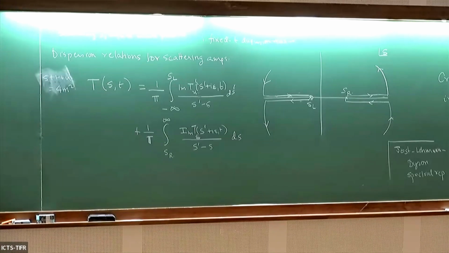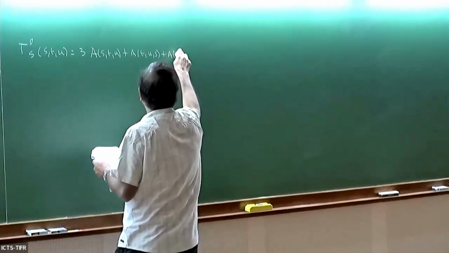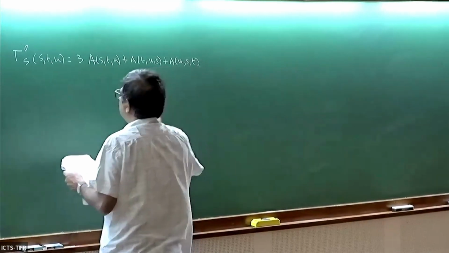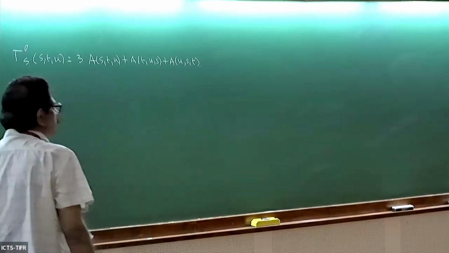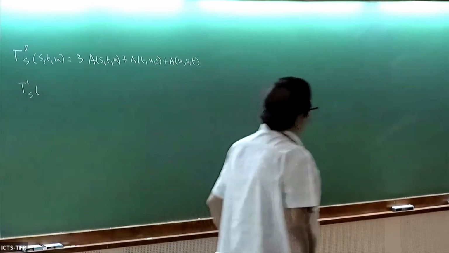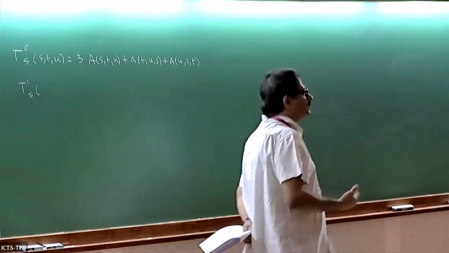amplitudes of definite isospin, T0 of STU, which we said can be written as 3 times A(S,T,U) plus A(T,U,S) plus A(U,S,T). Now this is algebra, but beyond this we will also need some of this information in order to write down a suitable dispersion relation for these scattering amplitudes of pi-pi scattering, because pi-pi scattering is a system of isospin amplitudes.